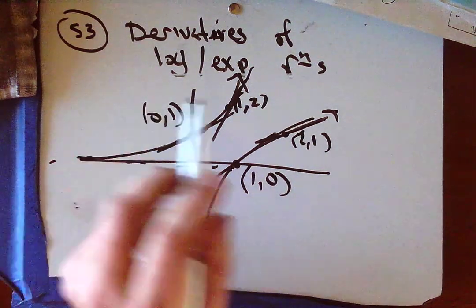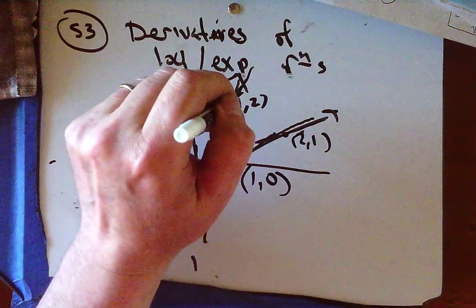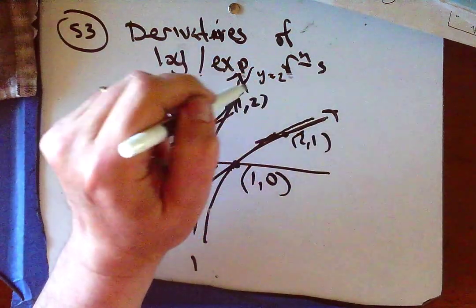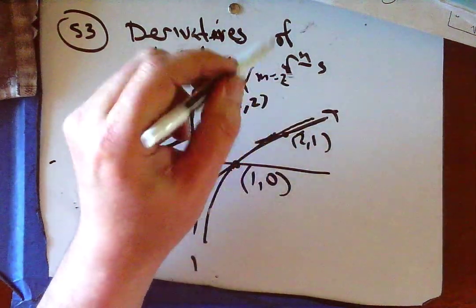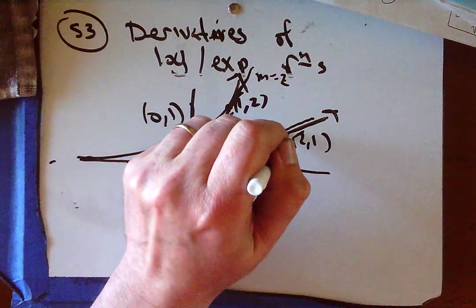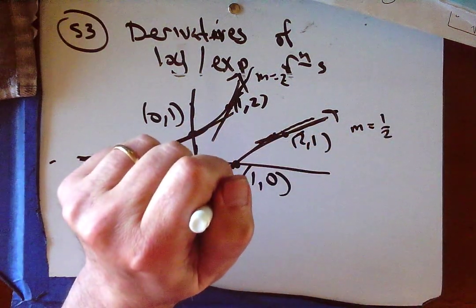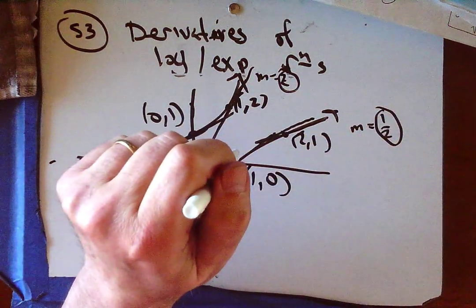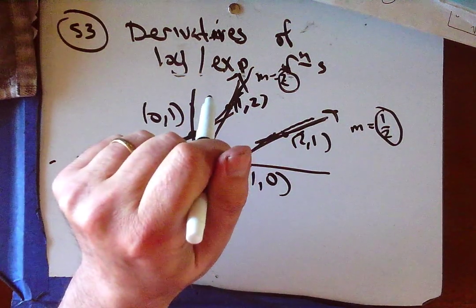Okay, so if I know the slope here to be 2, the slope here turns out to be 1/2. They're not opposite reciprocals of each other. They're just reciprocals of each other.